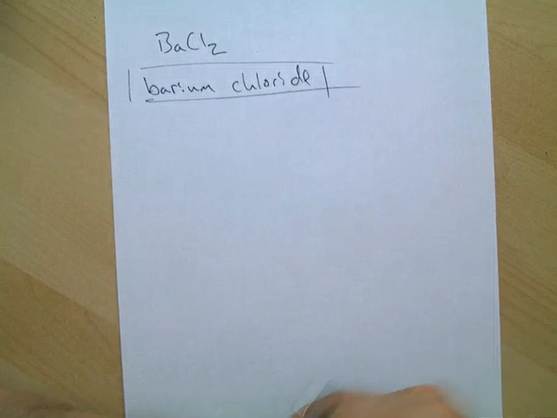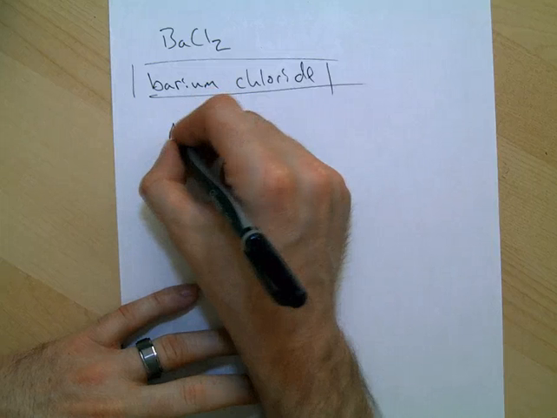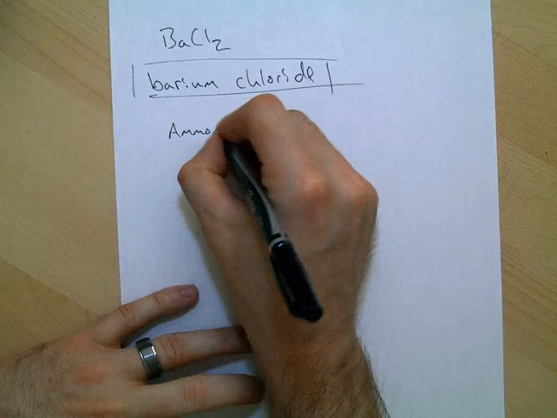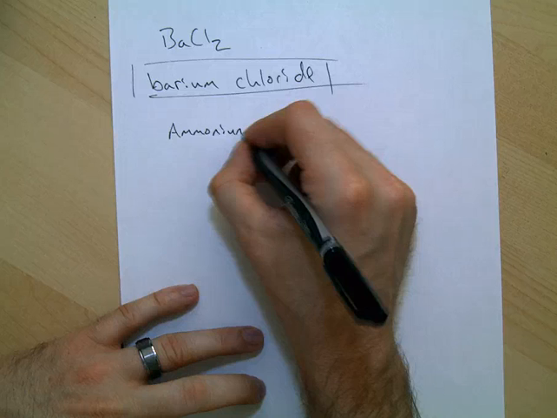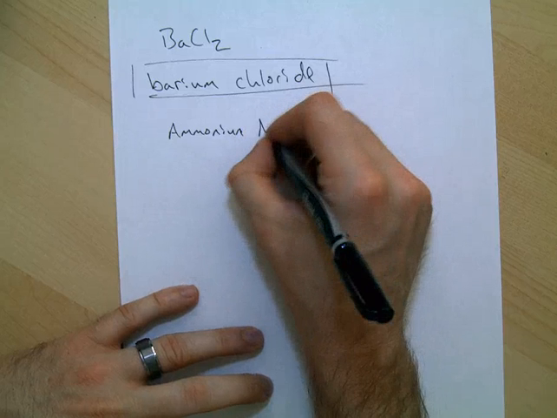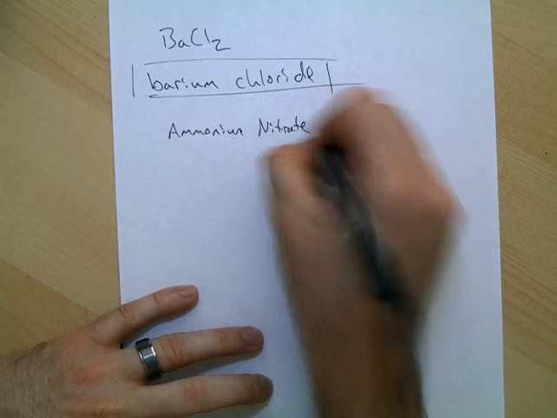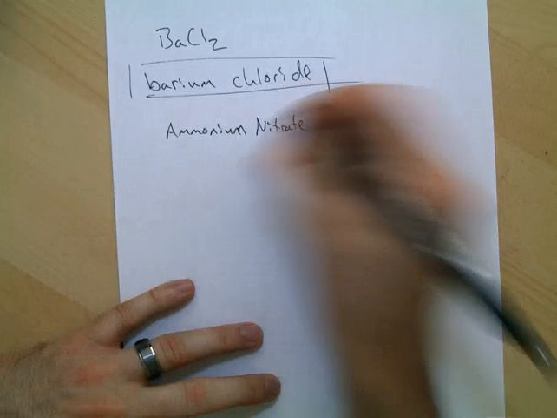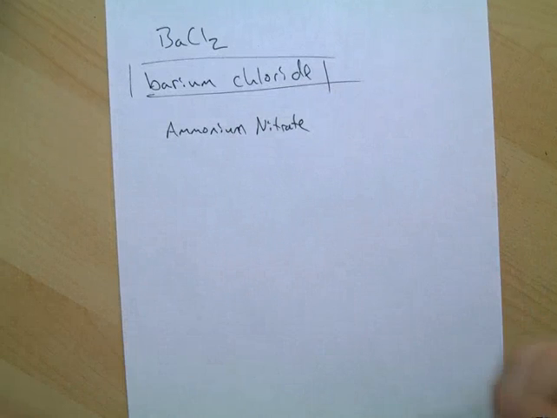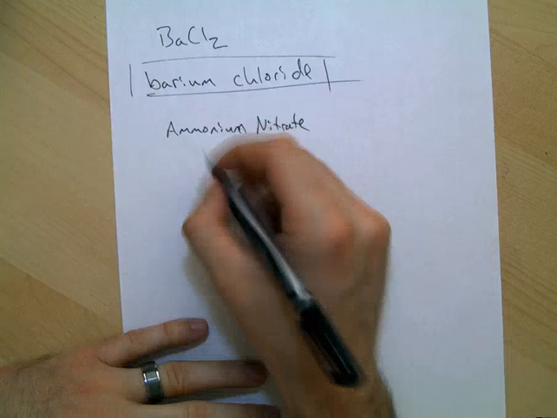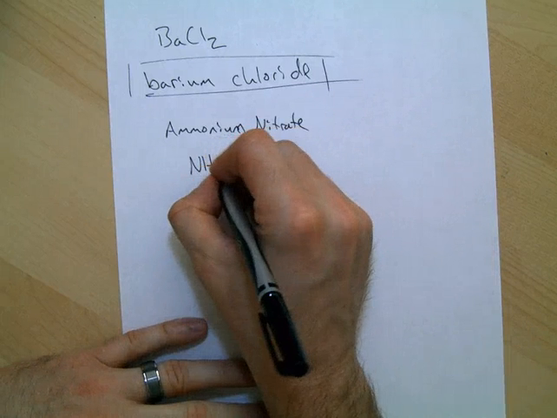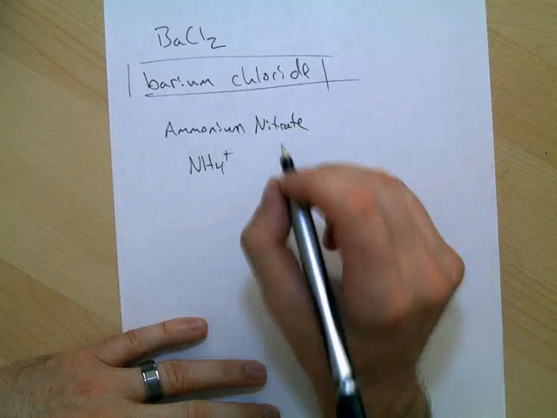Now what we're going to do is go from a name, ammonium nitrate, to the formula. This one's a bit more complex because we have to pay attention to the charge whenever we're going from name to formula. So ammonium is NH4+. I know it's a polyatomic ion. There is no ammonium on my periodic table at all.